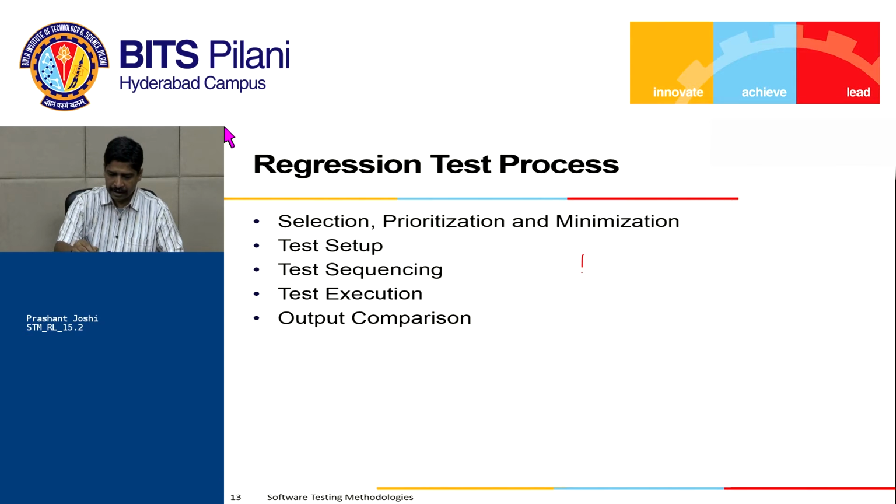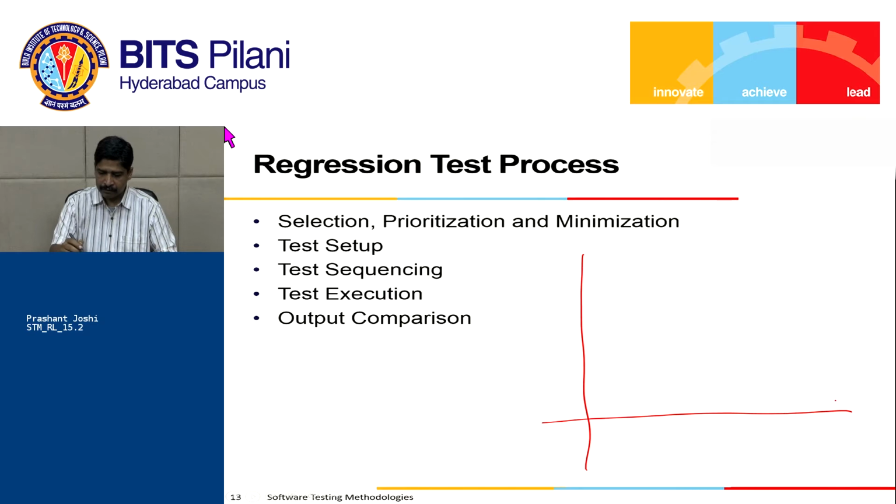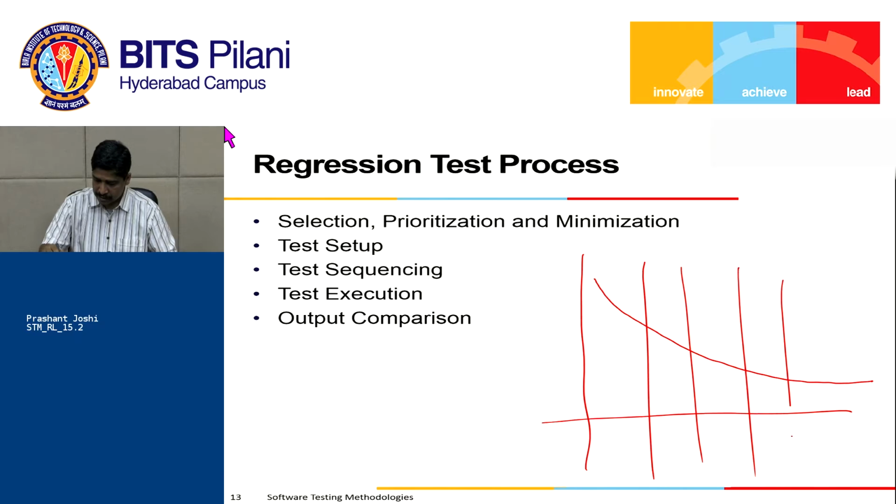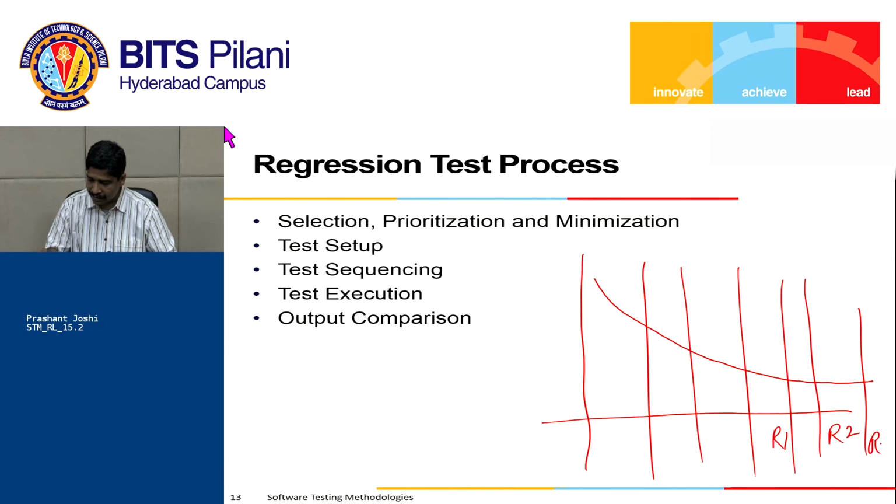So I would ideally want it this way, that it would be wonderful that the test effort just reduces and probably remains a little constant over here. So this is during the project phases, and this is say during release 1, and after that release 2, after that release 3.